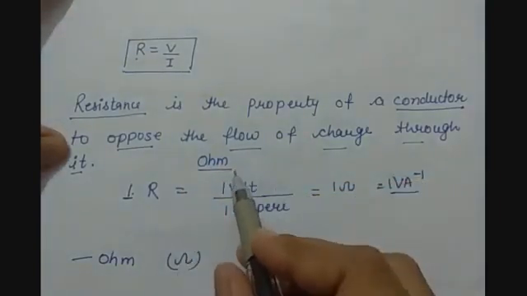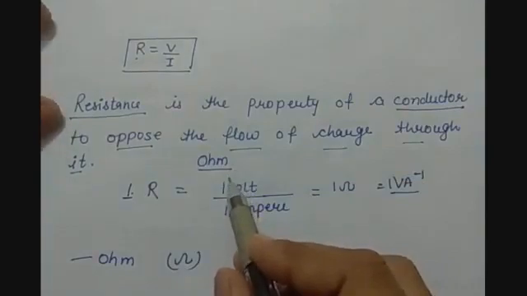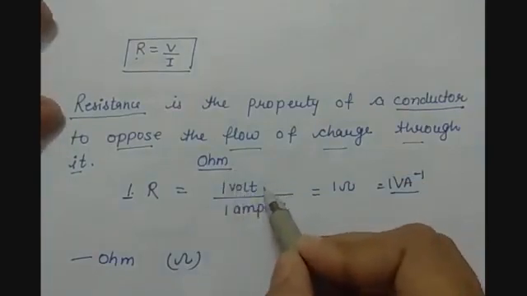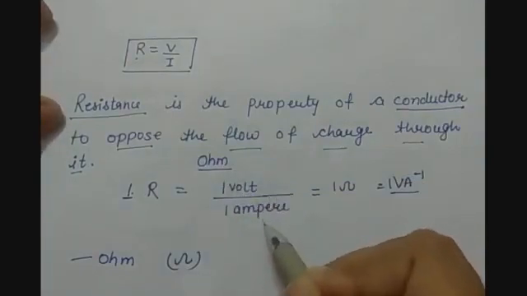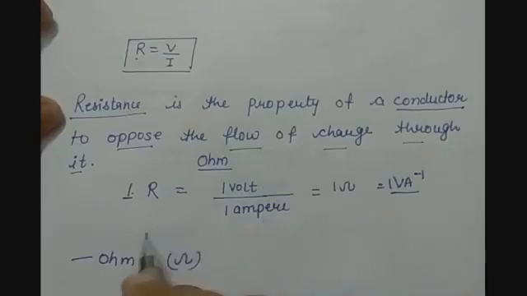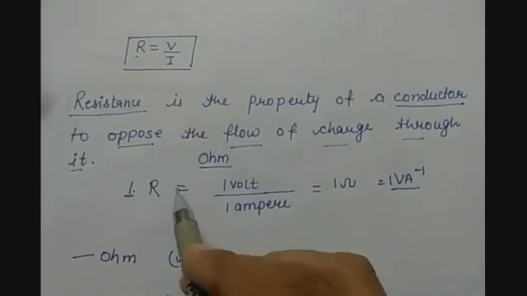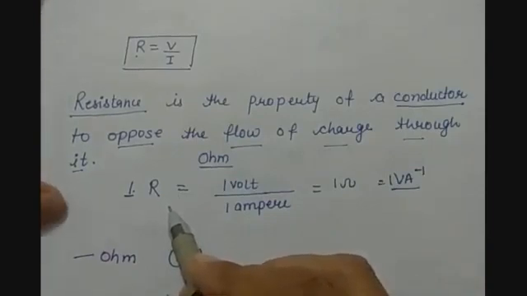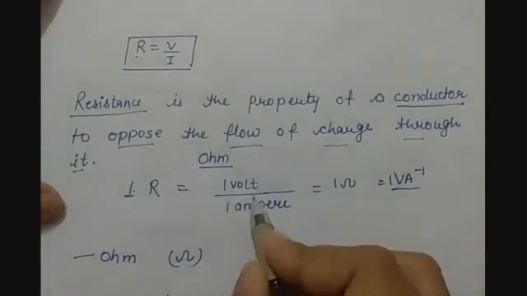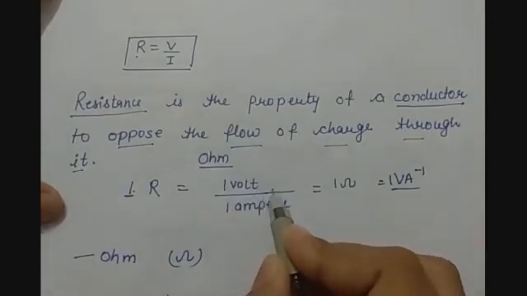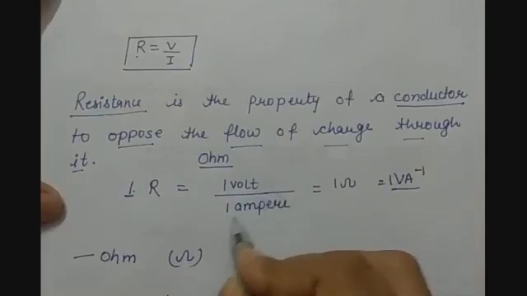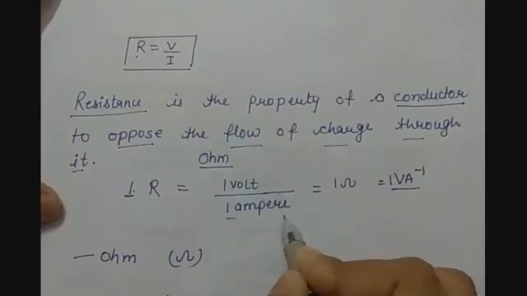So when we have to define 1 ohm resistance, then we can say the value of potential difference is 1, current is also 1. Or we can say that resistance will be said to be 1 ohm if 1 volt potential difference is applied across the ends of the conductor and 1 ampere current is flowing through the conductor.